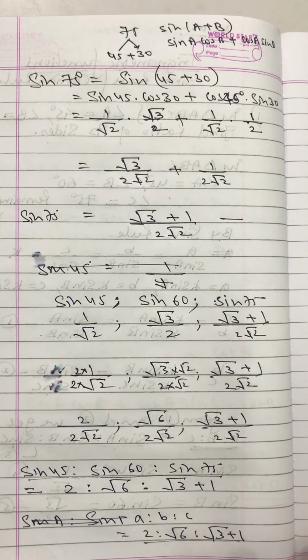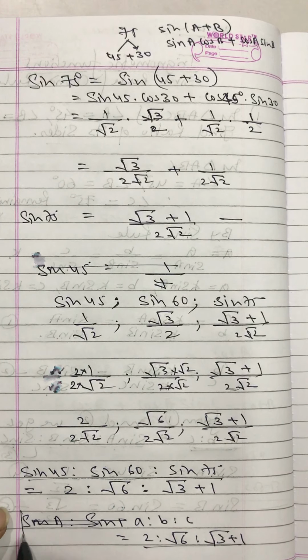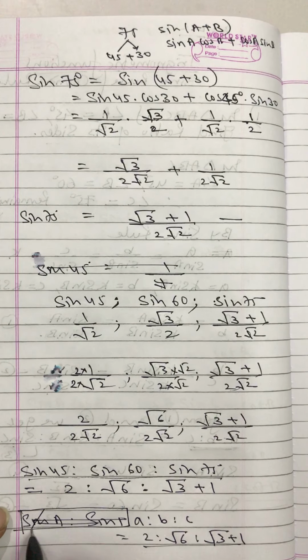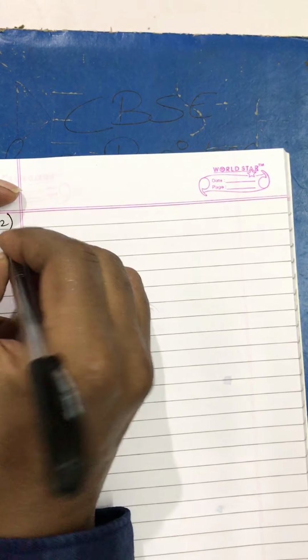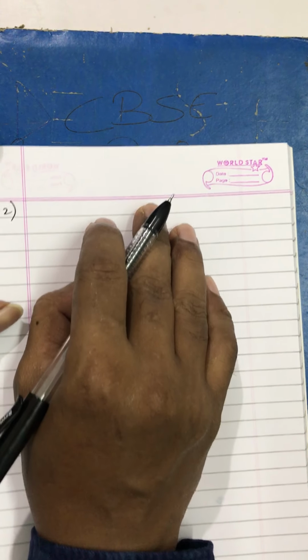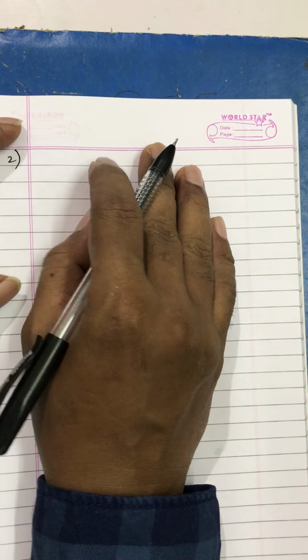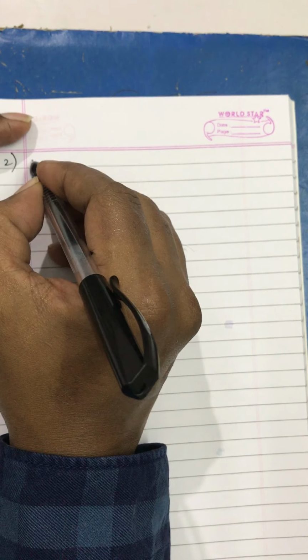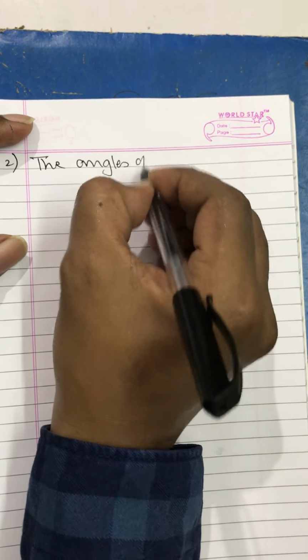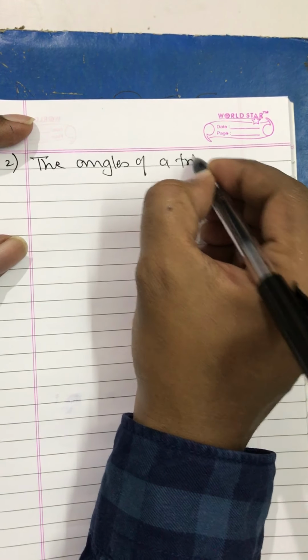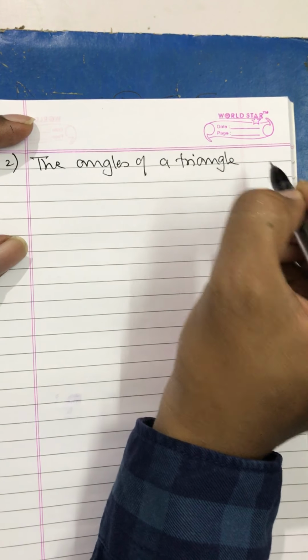I hope you all are able to see things properly. So now I can go to the next question, which is based on the same type of questions. In that, they have told that the angles of a triangle are in arithmetic progression.